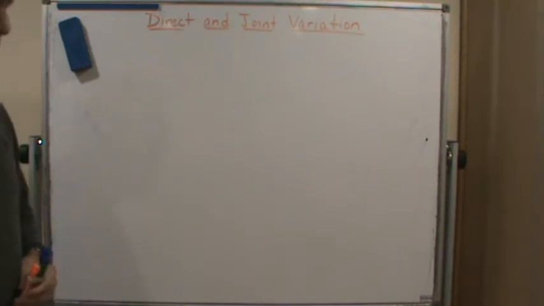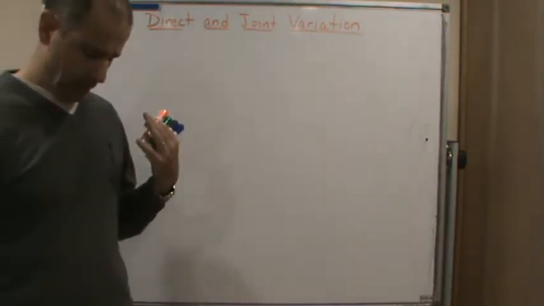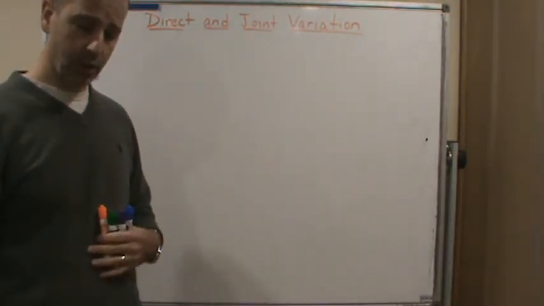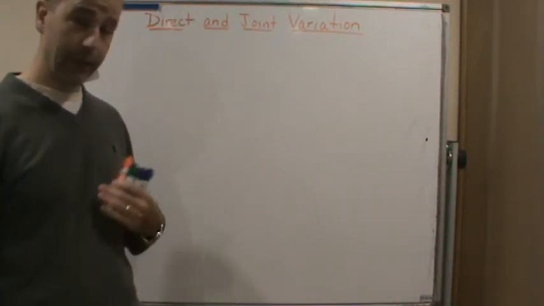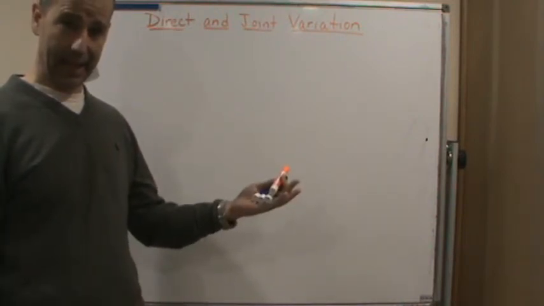What does it mean for one variable to change or vary directly as another variable?